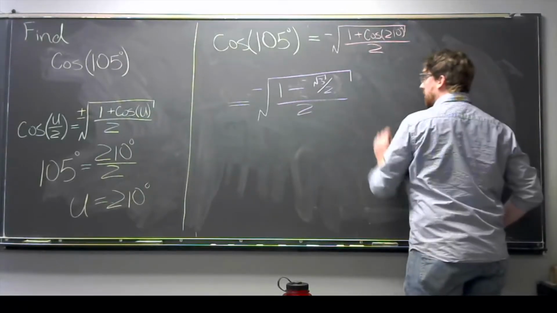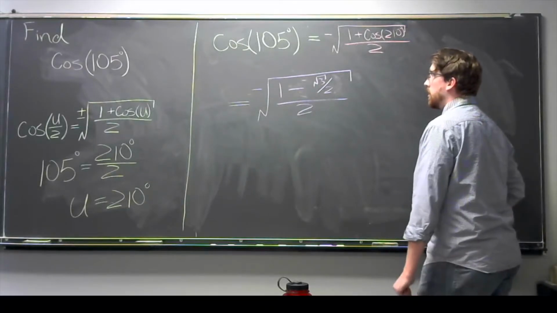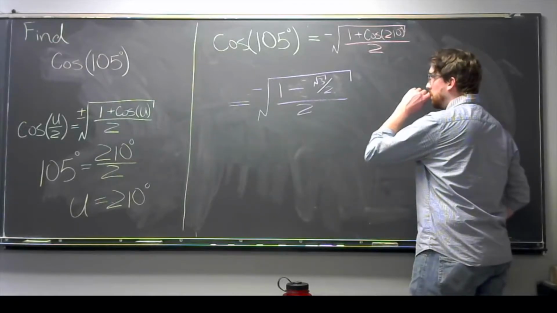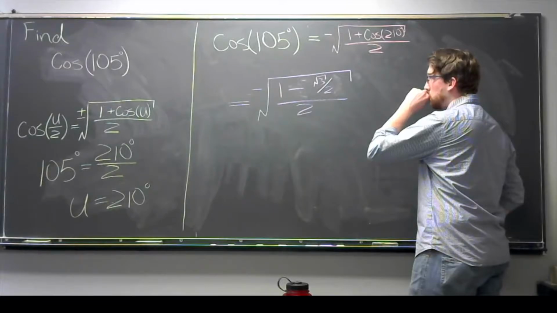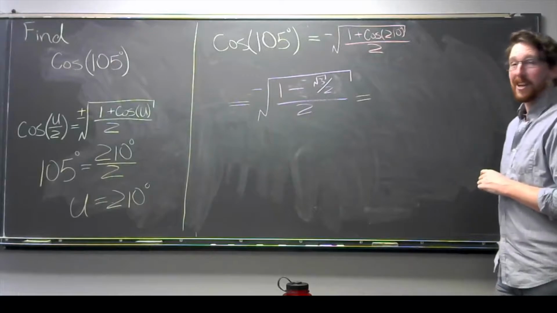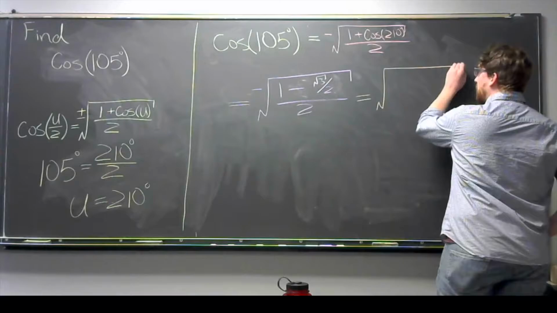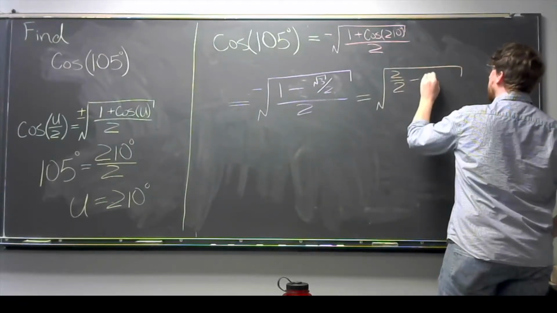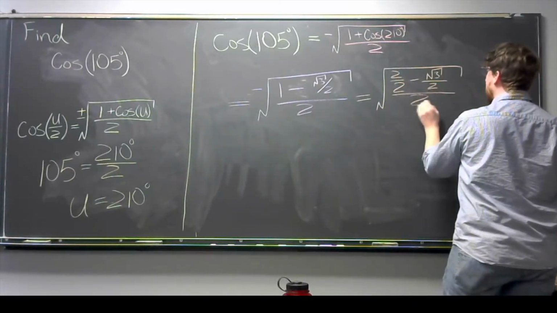Now, what we've got is going to be 2 over 2 minus the square root of 3 over 2, all of this divided by 2.